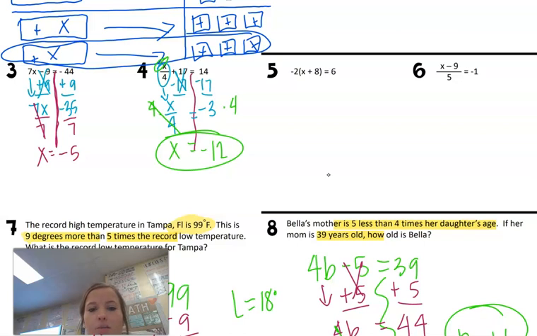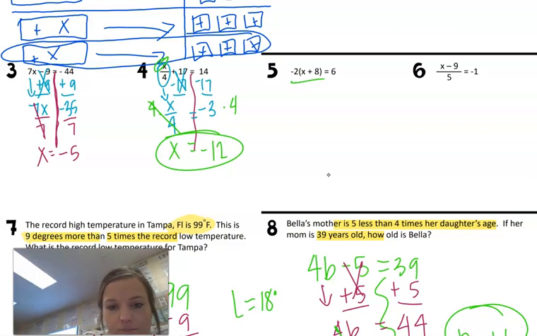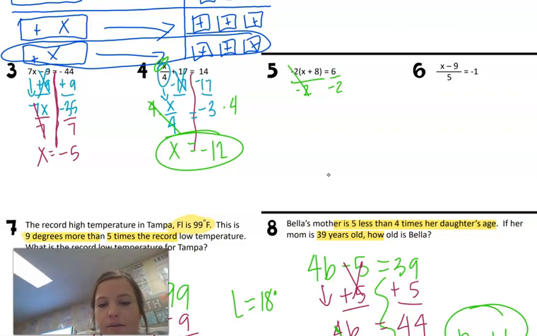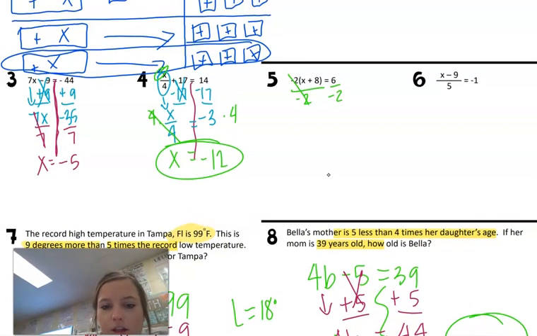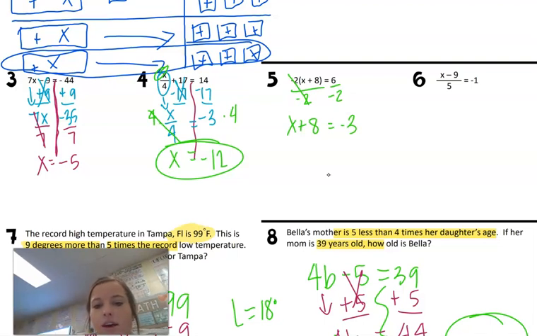We can either distribute the negative 2 to everything inside the parentheses, or we can just divide both sides by negative 2. Get rid of that. We're left with x plus 8 over here, and then 6 divided by negative 2, we get negative 3. So we have x plus 8 equals negative 3.